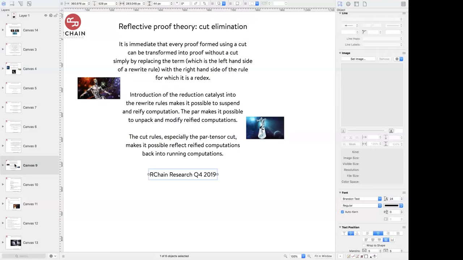So essentially what we're saying is that adding the catalyst gives us this ability to reify. It's basically the system becomes reflective, and the reflective piece of it is what makes it possible to enjoy this cut elimination property.